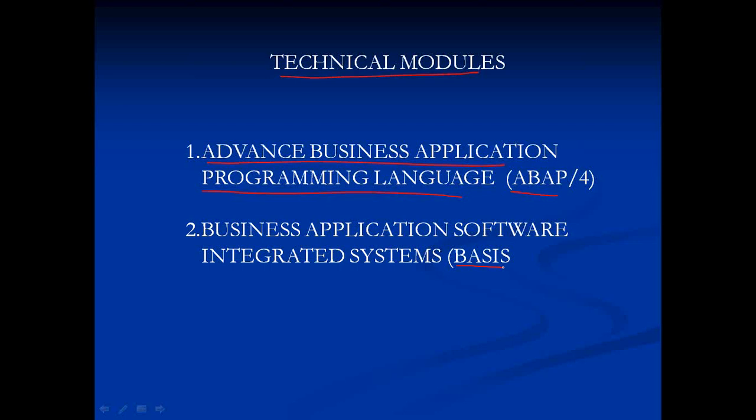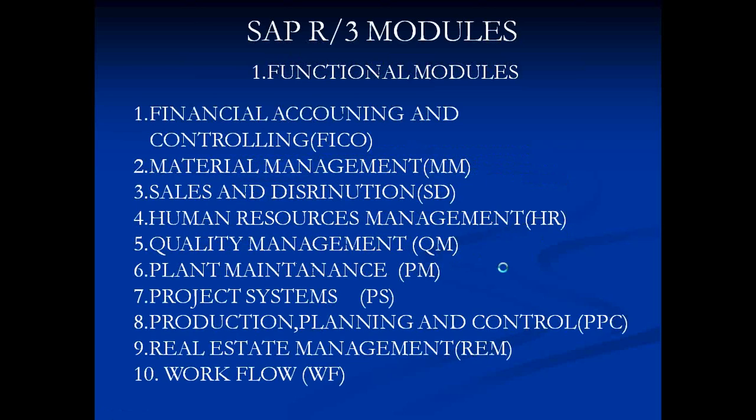In order to learn BASIS, we have to have networking knowledge, and we should be conversant with one of the operating systems. If you want to learn ABAP, you should have some programming skills. And if you want to learn any of the functional modules, it is enough if you have the academic understanding of the respective subjects, or if you have working knowledge in the respective departments.